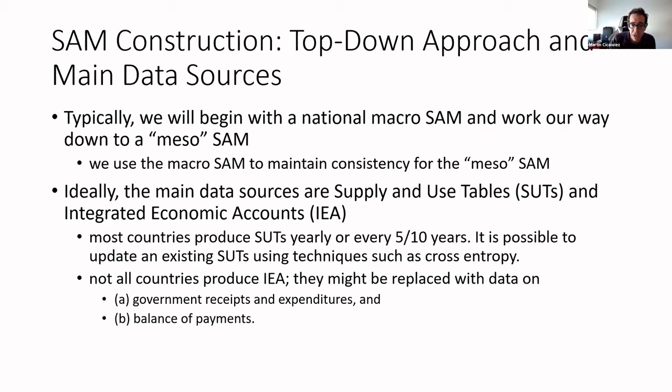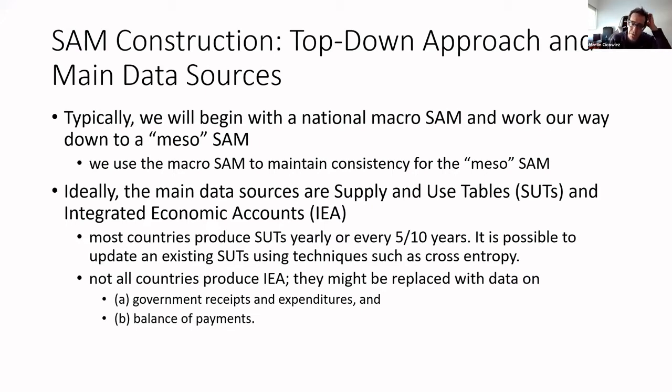What do we need to build the social accounting matrix? We typically need the supply and use tables, which most countries produce every 5 or 10 years. But even in those cases, it is possible to update a supply and use table using different techniques, such as cross-entropy or RAS.